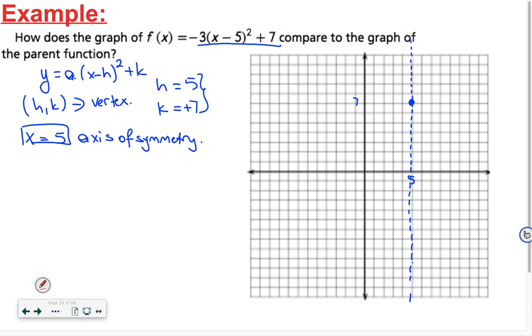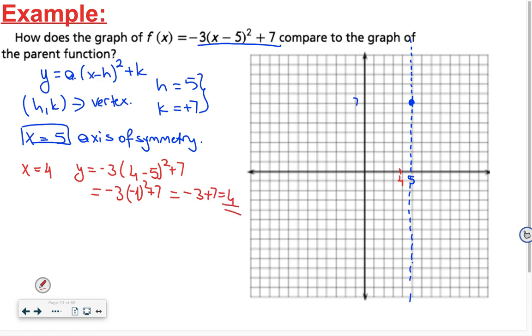Let's give one point next to 5, positive 4. If I substitute positive 4 into the function, you get y is equal to negative 3 times (4 minus 5) squared plus 7. From here, negative 3 times (negative 1) squared plus 7, which is equal to negative 3 plus 7, which is equal to 4.